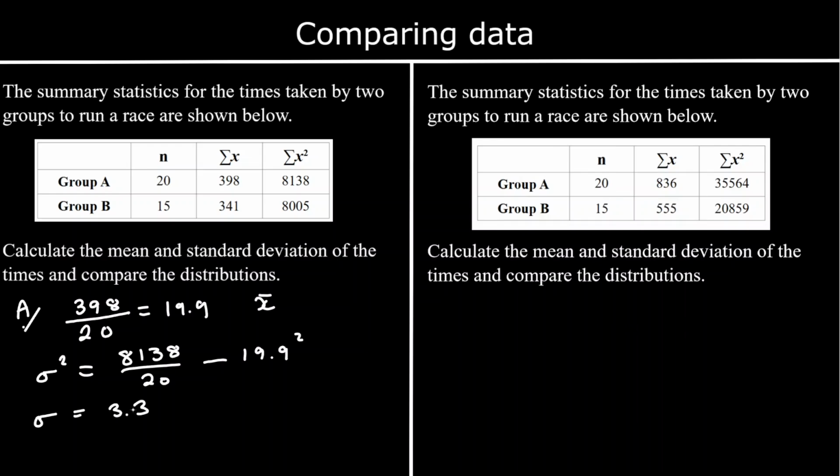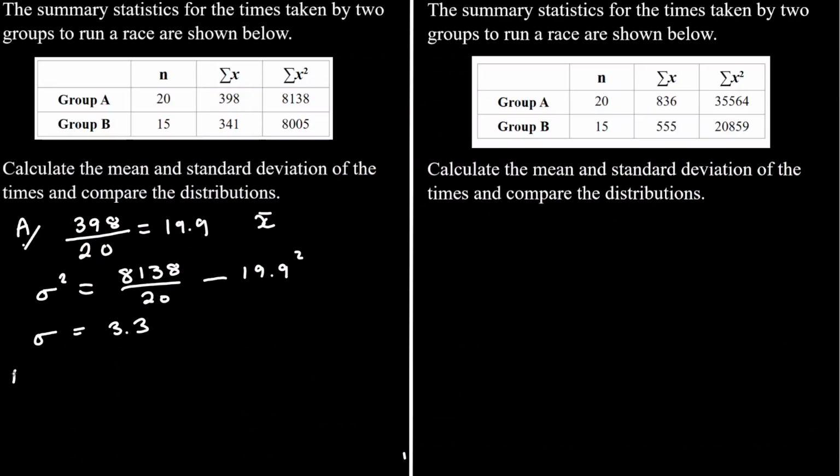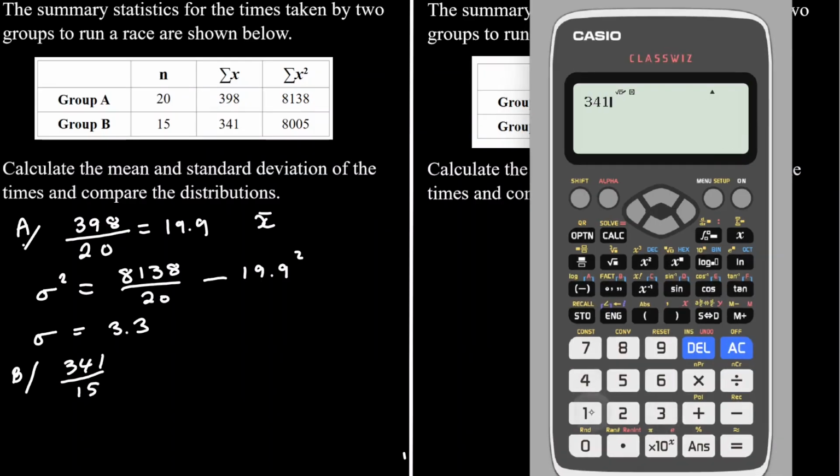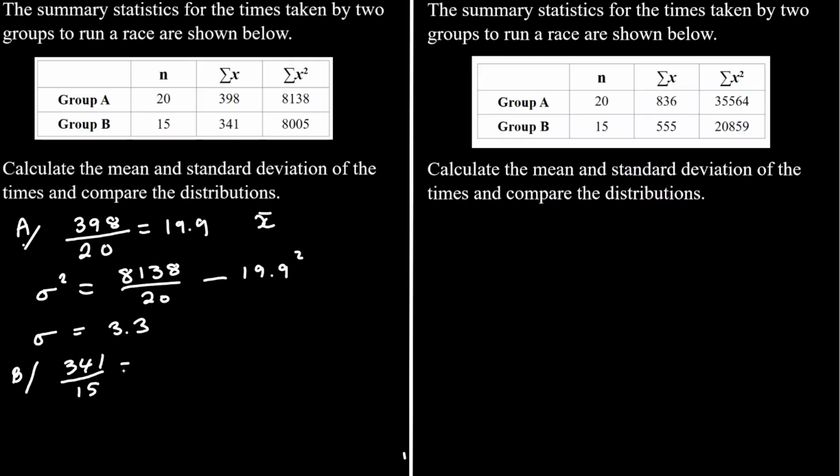And then the same for group B. So we want 341 over 15 for the mean, which is 22.73 recurring.